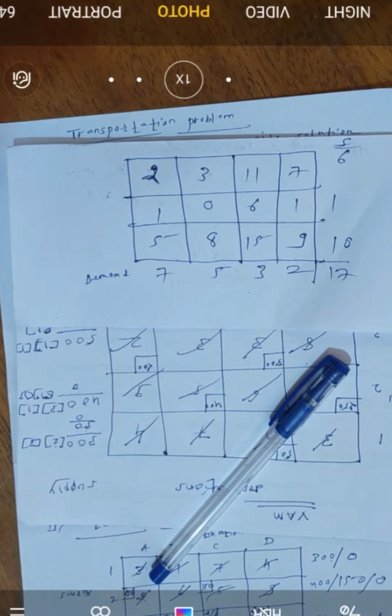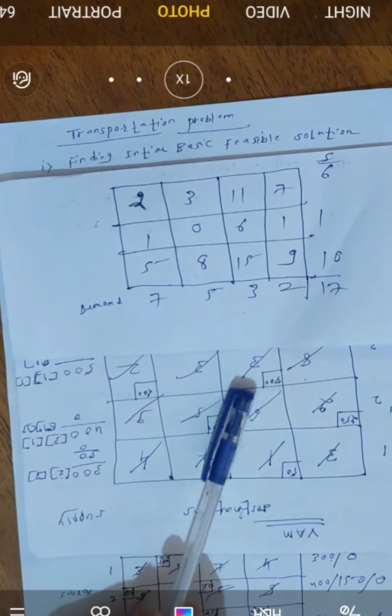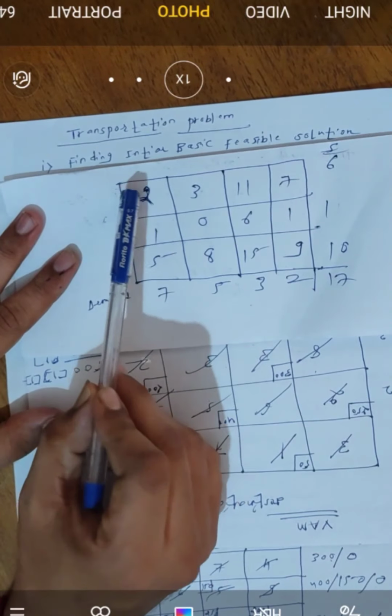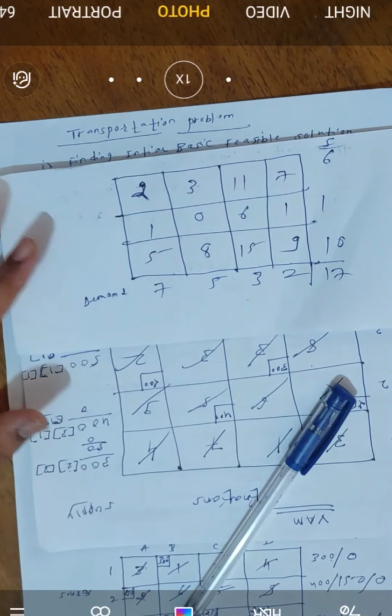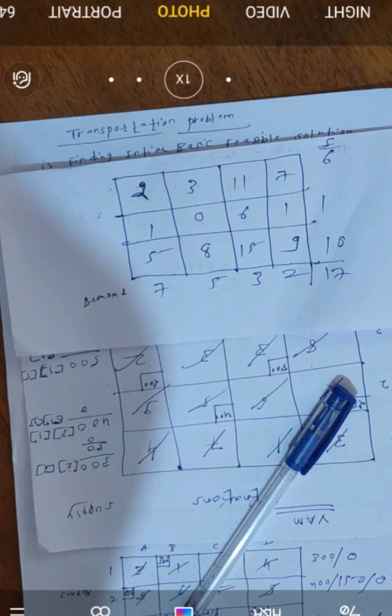First you have to use the northwest corner rule, and tell me the answer. Northwest corner rule means what? First you have to make allocation at 2. So note down this problem first. 2 15 308, 11 6 15, 7 1 9.